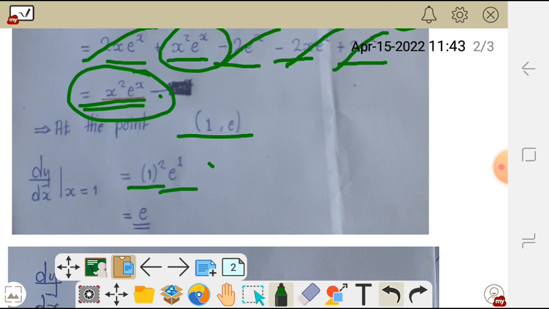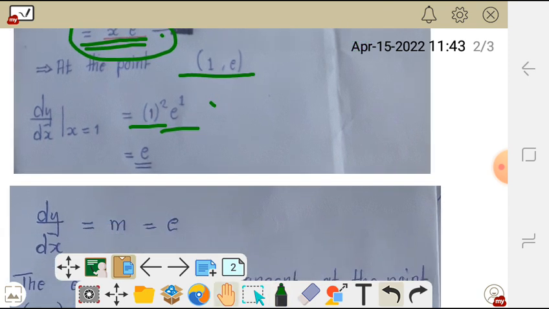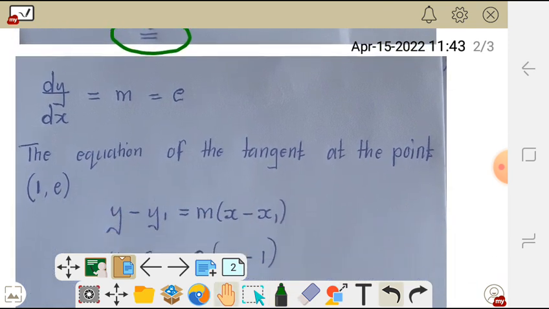Then from there, simplifying that, our dy/dx at the point x equals 1 is going to be just e. So we know that our dy/dx is equal to m, which in this case is e.